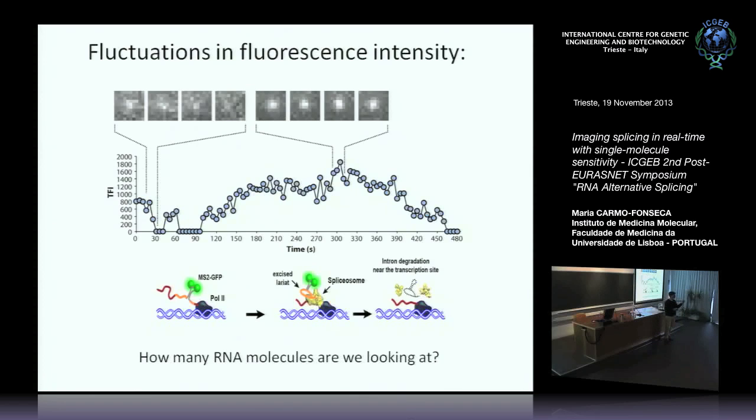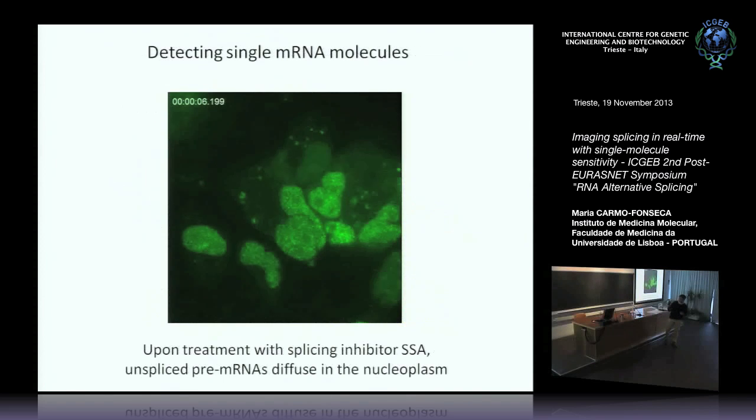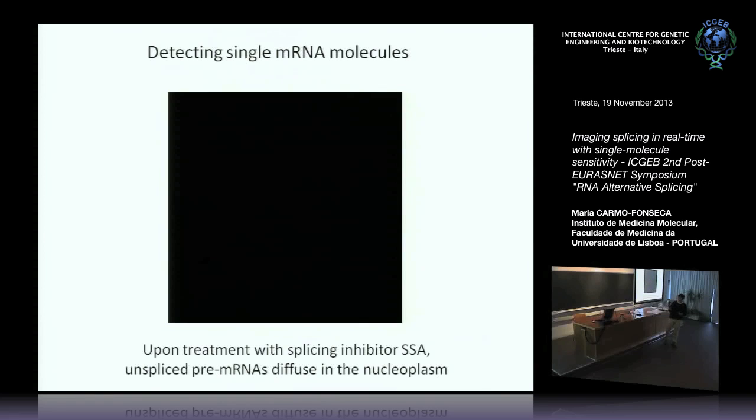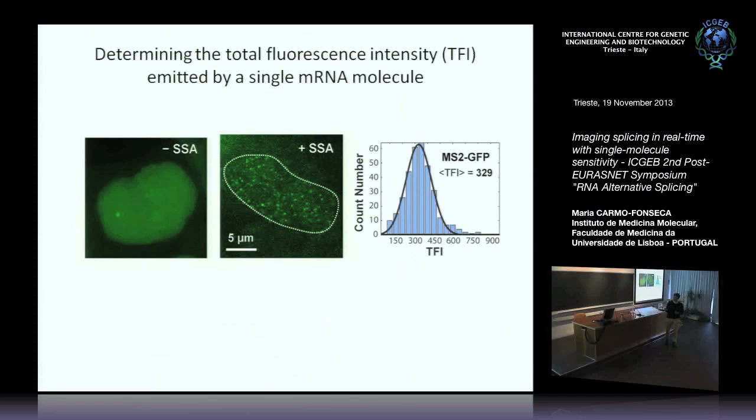So because now we can see single RNAs diffusing in the nucleus, we took advantage of this to measure the intensity of a single RNA. This is how it looks now, the little dots diffusing in the nucleus, and this is a still image from one of these time lapses, and it shows very clearly the difference when cells are not treated or treated with spliceostatin.